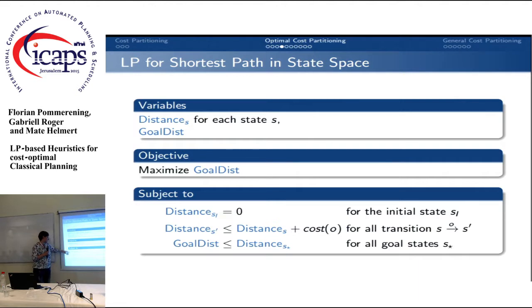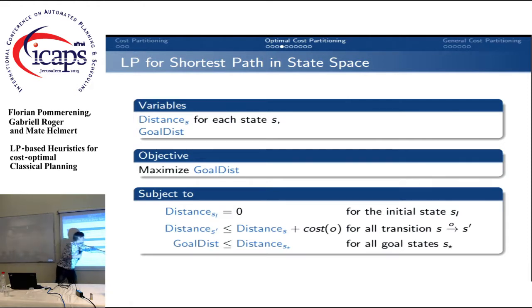Let's first have a look at the distance variables. Of course, we know the distance for the initial state should be 0. That's what this first constraint says. And for all others, that's where the minimization comes into the LP.